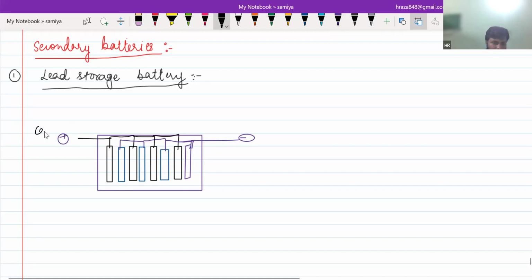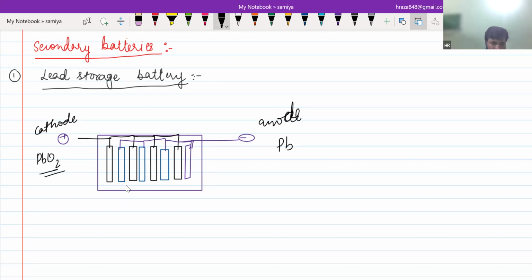Now this is the cathode and this is the anode. The anode is made up of lead, and the cathode is made up of PbO2, basically. Pb, please write it. And in this there is a solution of 28% H2SO4. Please write this representation. Then there will be again anode and then cathode.